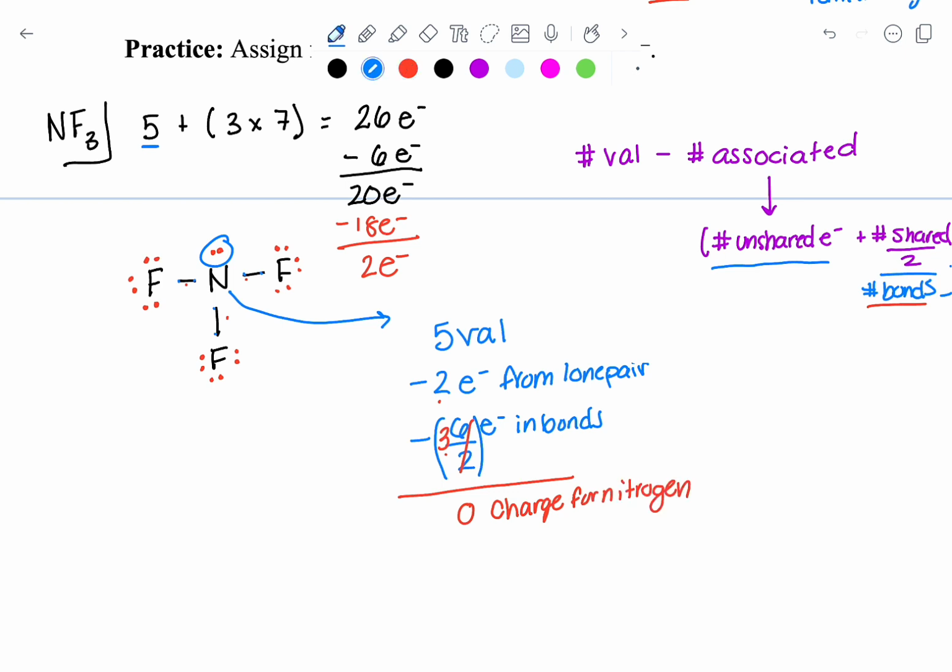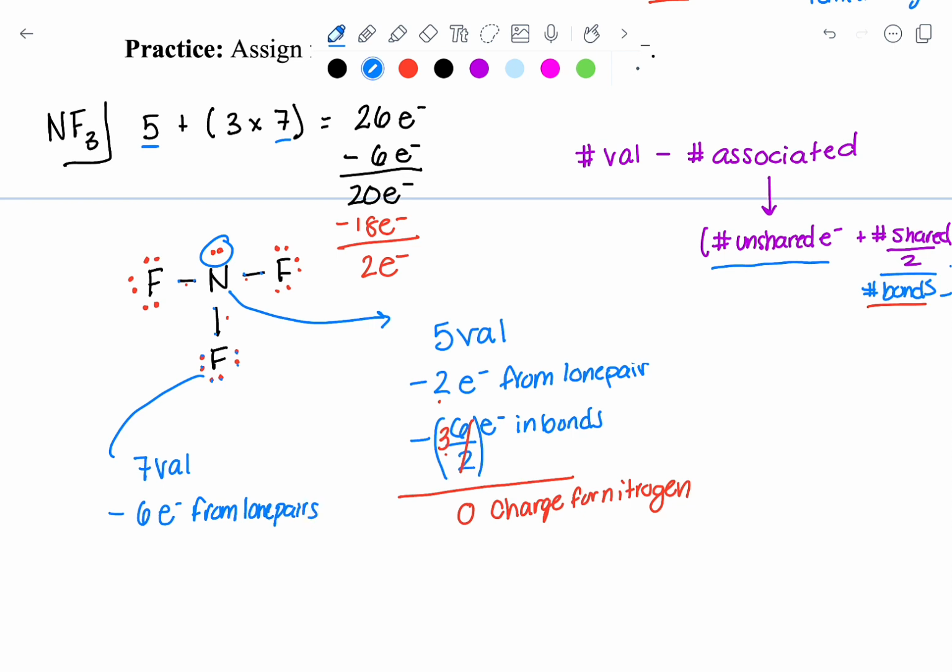Okay, so let's next up do fluorine. Fluorine has 7 valence electrons. We knew that from when we counted in the beginning to draw our Lewis structure. We now want to subtract off our number of electrons that are unshared, so minus how many electrons are in lone pairs. Each fluorine has 1, 2, 3, 4, 5, 6 electrons, so we're going to subtract off 6 electrons from lone pairs.